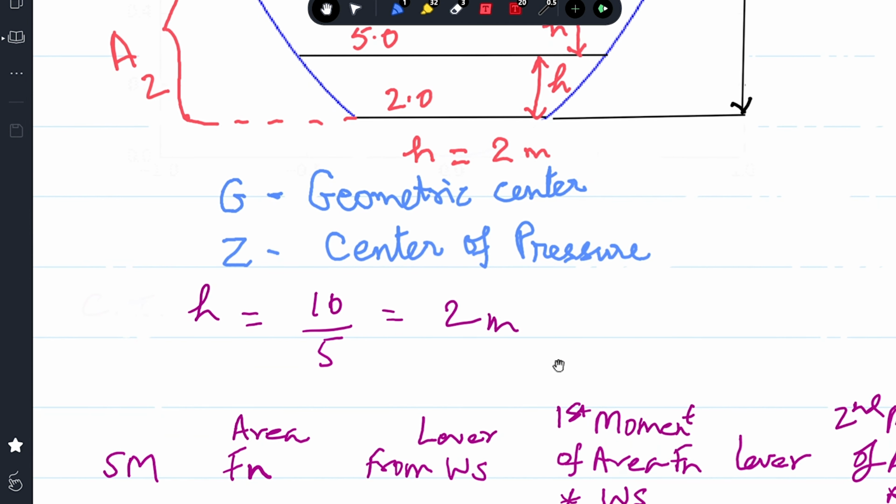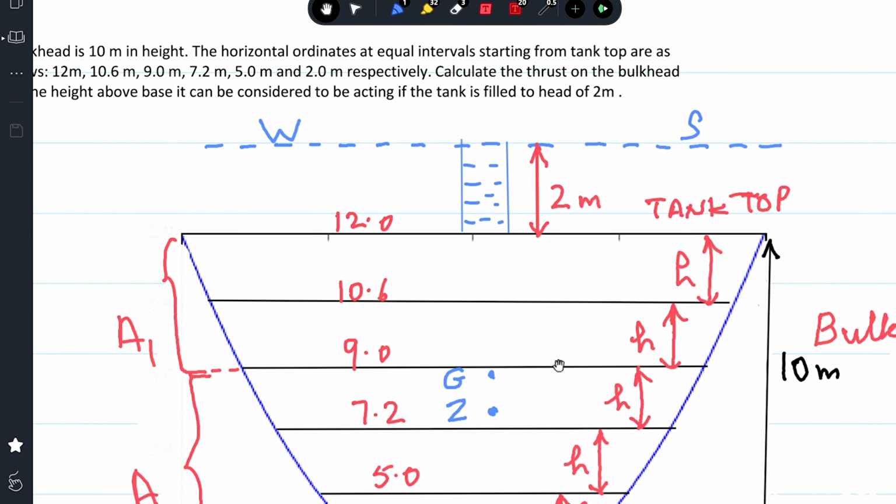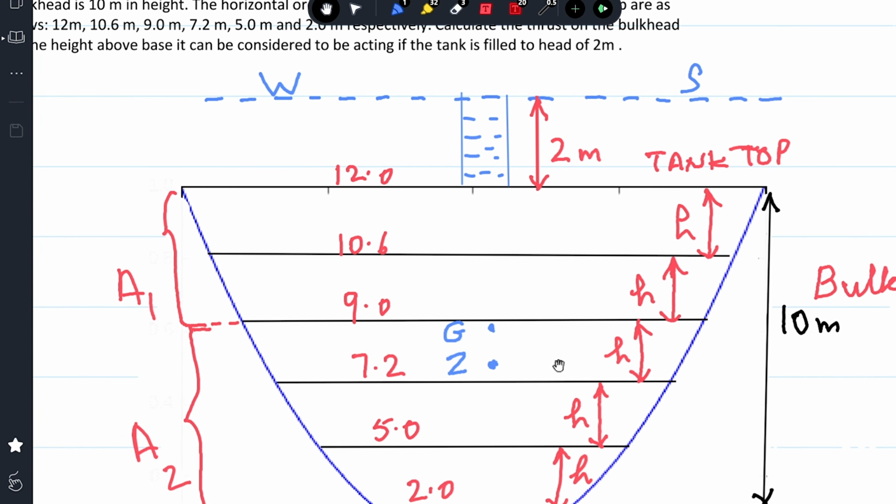Now remember that when we are calculating center of pressure, the formula is: center of pressure equals moment of inertia I about water surface upon area of the immersed surface into d, where d is the distance of the geometric center of the immersed surface again from the water surface.